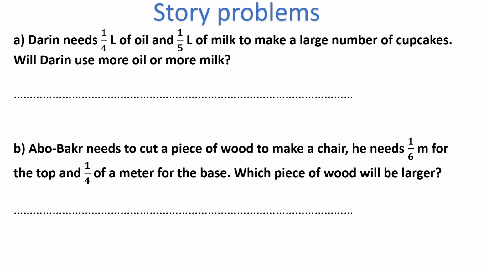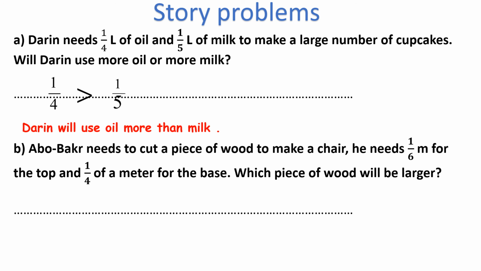As we know, 1 over 4 and 1 over 5 have the same numerator, so these fractions are crazy fractions. The crazy fractions tell us that 4 is greater than 5. So 1 over 4 is greater than 1 over 5. So Darren will use more oil than milk.